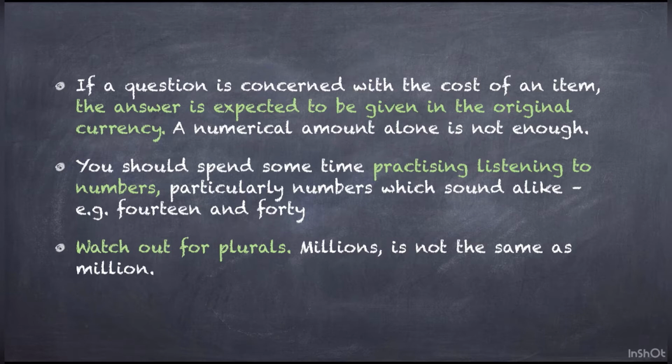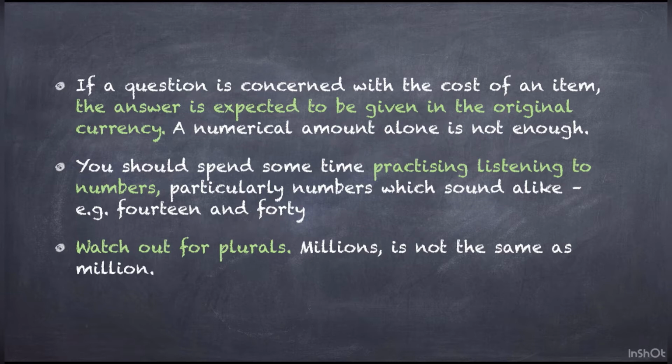Secondly, you need to spend some time practicing listening to numbers, especially numbers that sound alike. For example, 14 and 40, 15 and 50, 30 and 13. These numbers sound very similar, so you need to be able to distinguish them. You also need to watch out for plurals.